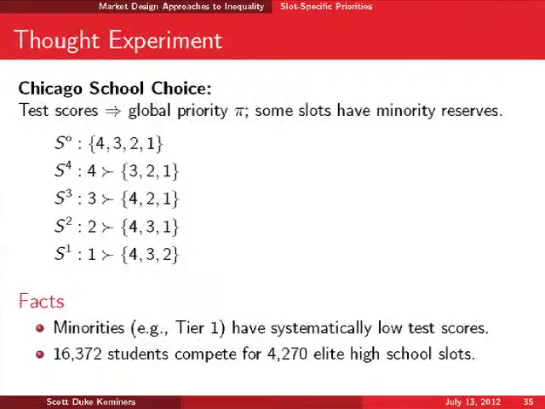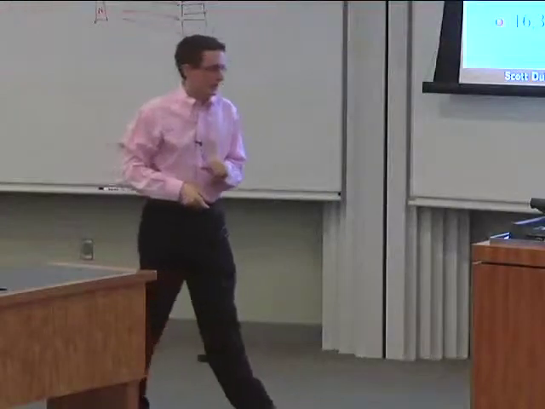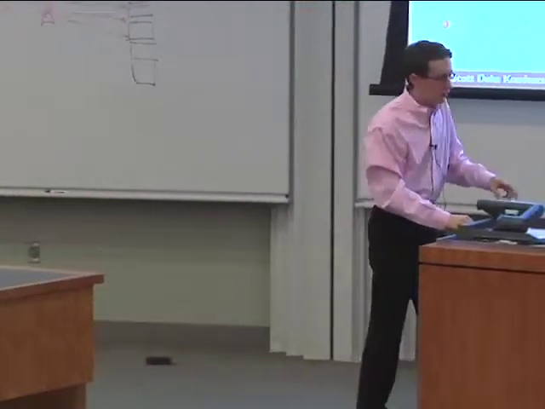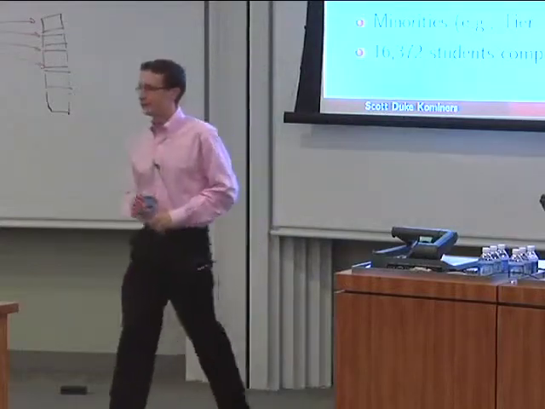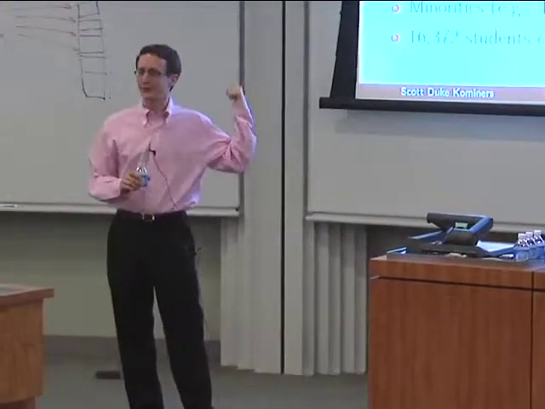You start with a bunch of seats that are just scored by test score. So the global priorities come out of test scores. And then you have a set that are reserved for tier 4 students, and within tier are ranked by test score, and so forth. But now, let's be inequality scholars. What do we know about minorities? It's on the board.